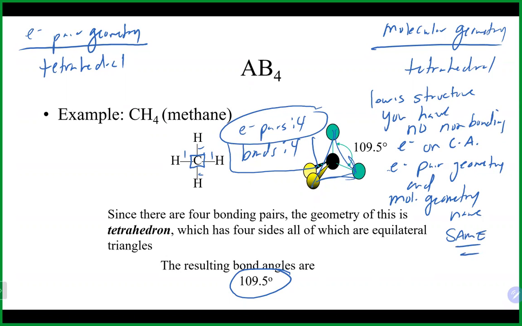Both of those names will always be the same whenever you have no non-bonding electrons on the central atom. Again, because they're all bonding, everybody's moving the same. So the overall shape of the molecule reflects how those electrons are arranged in 3-dimensional space. Any questions on that?